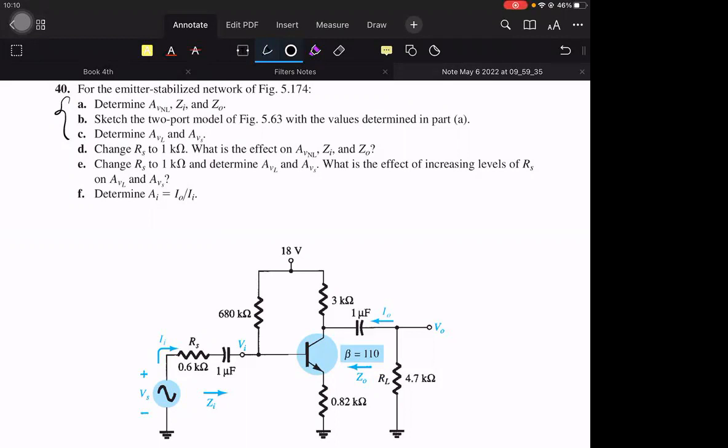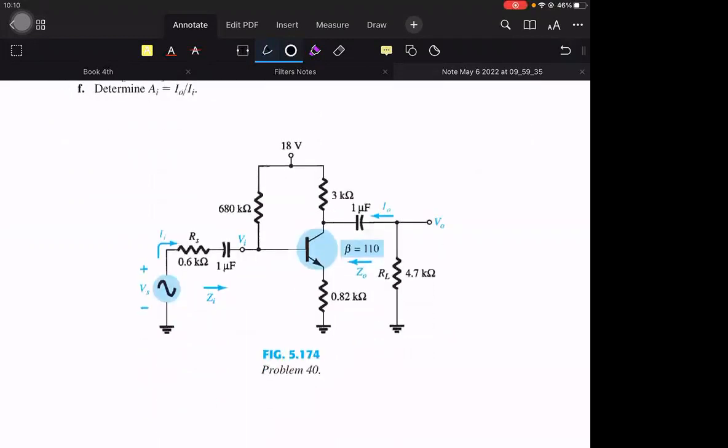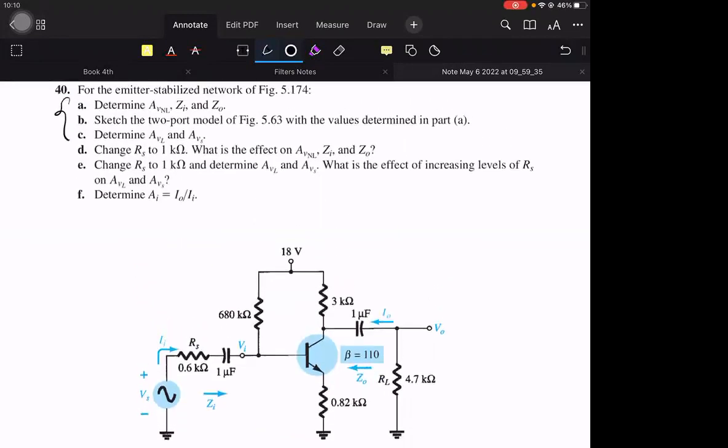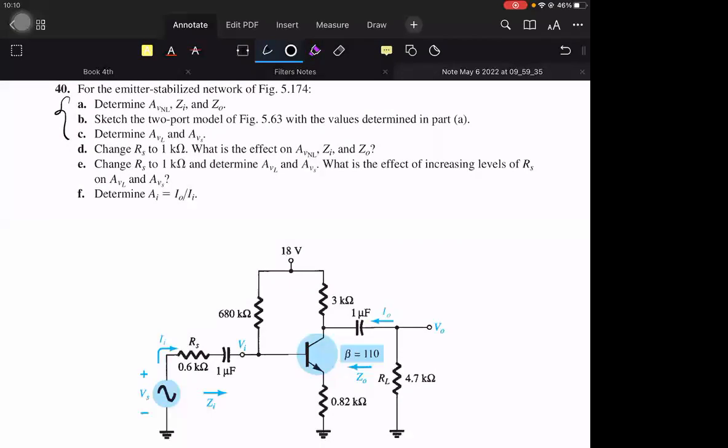Next, we're going to sketch the two-port model from the values that we've determined from part A. And also, we're going to determine AVL and AVS because our amplifier is connected to a load and a source. It's exactly the same as the example in the previous video, but emitter bias.